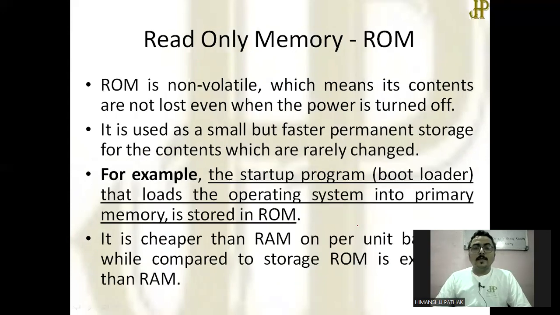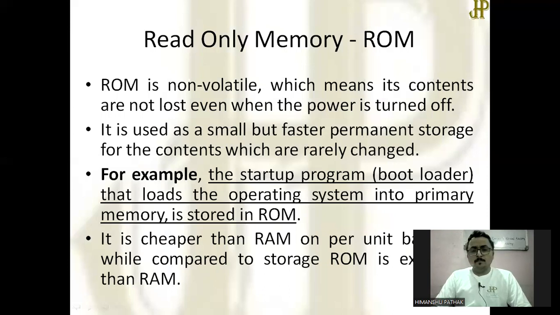Now, read-only memory. As the name suggests, ROM is non-volatile, which means its contents are not lost even when the power is turned off. So what is the basic use? Why is it in the category of primary memory? Because it is used for a specific purpose.